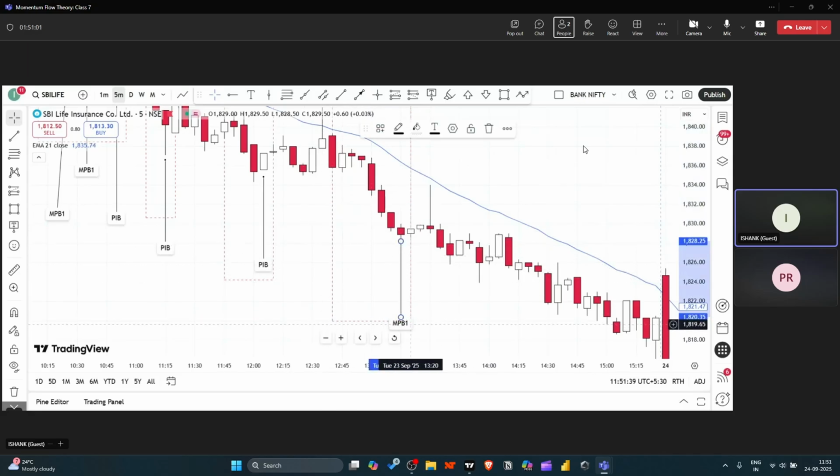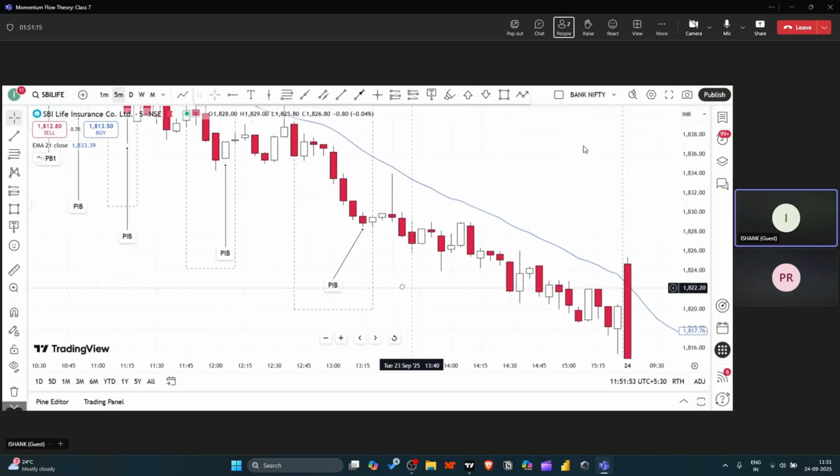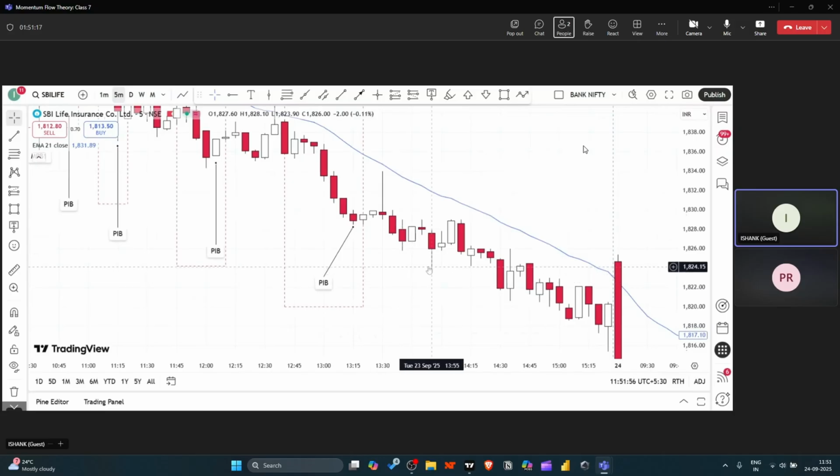Correct. The pullback got completed there. One more spike. One, two, three.